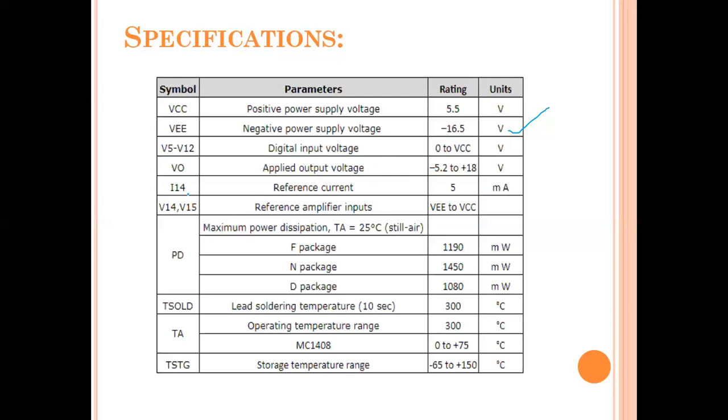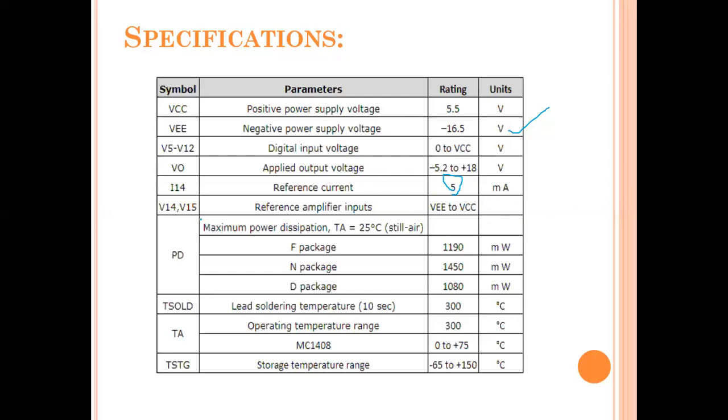Next, I14 is the reference current. That means we are considering the resistor R14. The current which is passing through this R14 resistance is nothing but I14, which is the reference current, and the maximum value will be 5 milliamps.